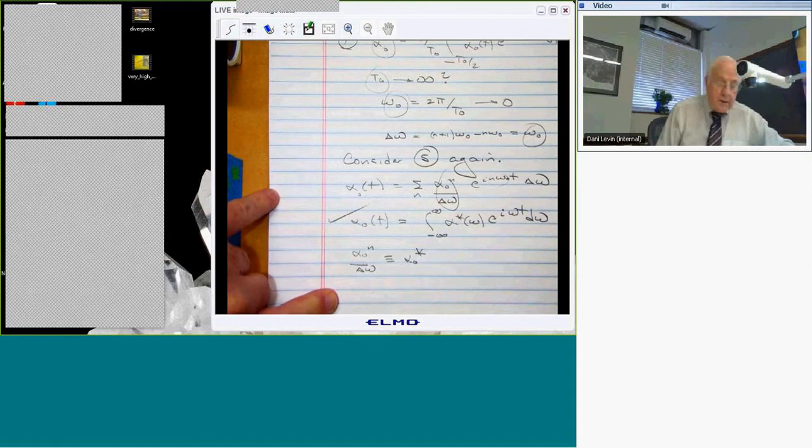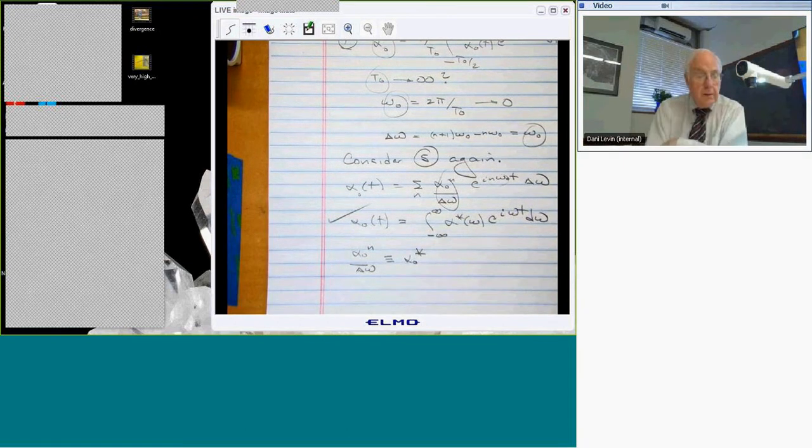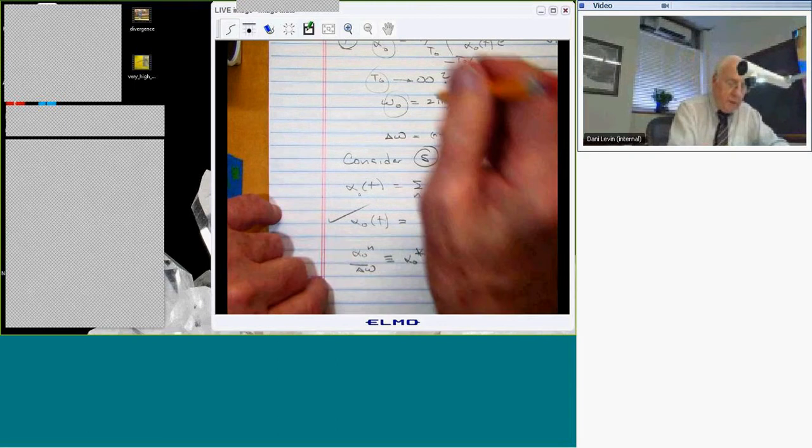So that's the limit of equation 5, as T naught becomes large and omega naught tends to 0. But now let's look at equation 7.